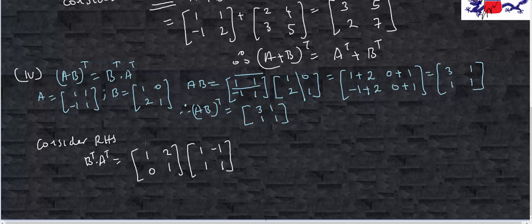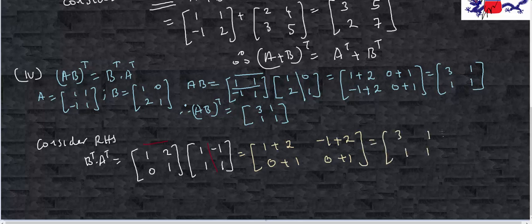Now, if you were to multiply them, the row with the column, 1 multiplied with 1 plus 2, and then following it up 0, the second row with the column, plus 1, -1 plus 2, 0 plus 1. Adding this would give us [3, 1; 1, 1], which is nothing but the matrix that we have just obtained here. So this is equal to the left hand side.